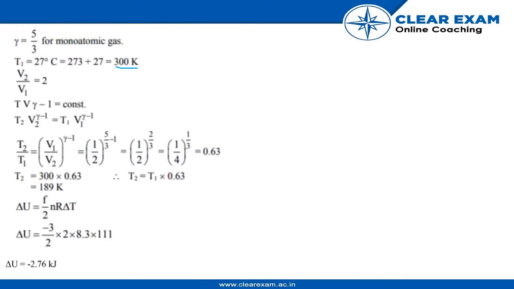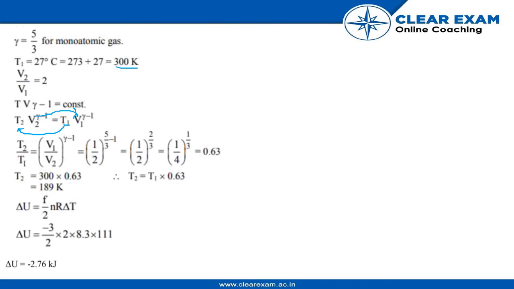Now it is also given to us that V2 by V1 is 2. So we will take advantage of the equation T V^(gamma minus 1) equal to some constant, and similarly T2 V2^(gamma minus 1) equal to T1 V1^(gamma minus 1). Now let's see the ratio of T2 by T1. Simply take this term and put it in the denominator of T2, and similarly take the V2 term and put it in the denominator of V1.